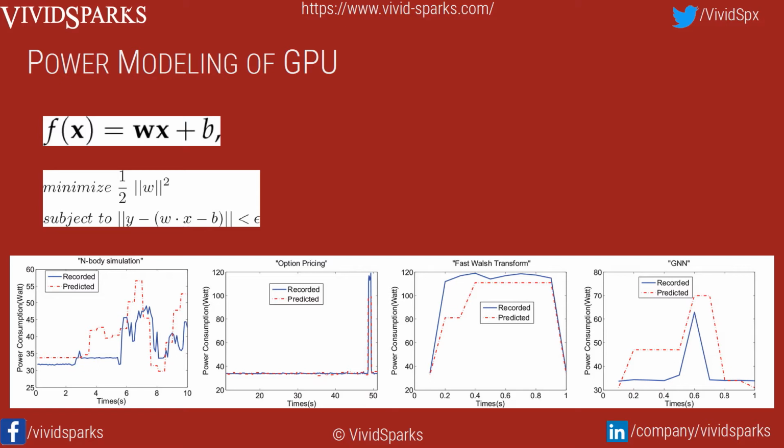These W and B are determined during the training stage in order to minimize the distance between the hyperplane and the closest samples, with the aim of minimizing half of W squared, subject to the absolute value of y minus wx minus b being less than a certain error epsilon. Here y is the output and x is the input.